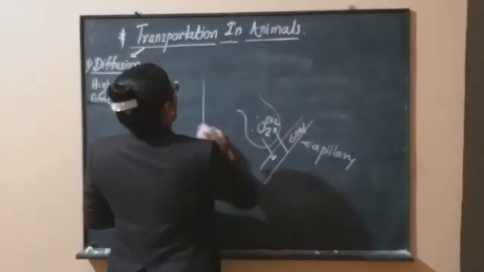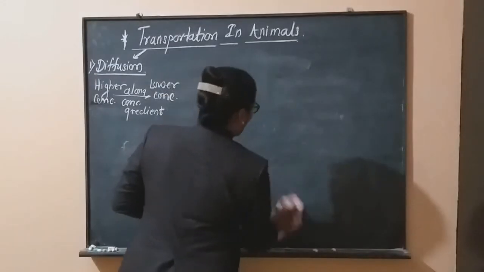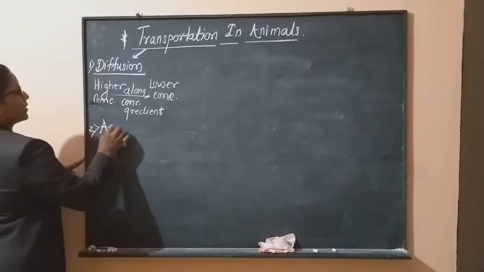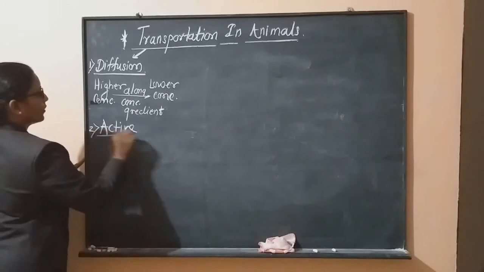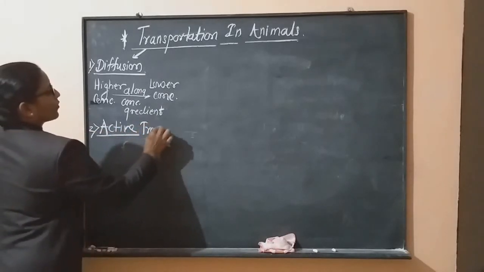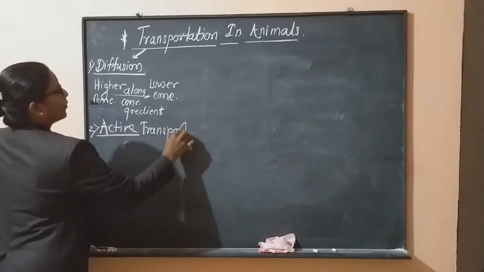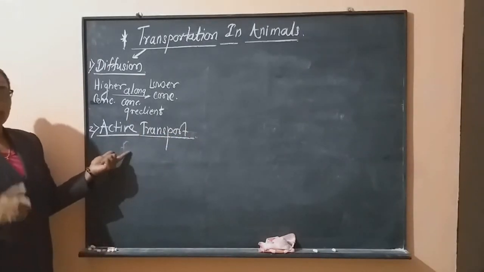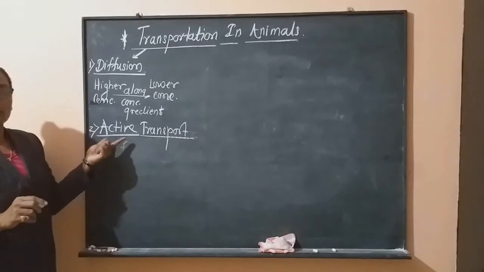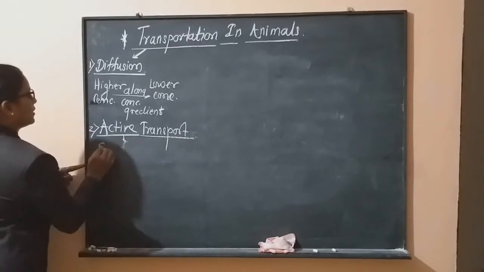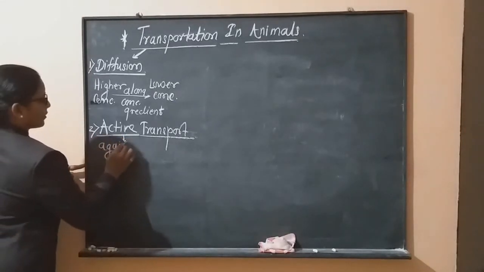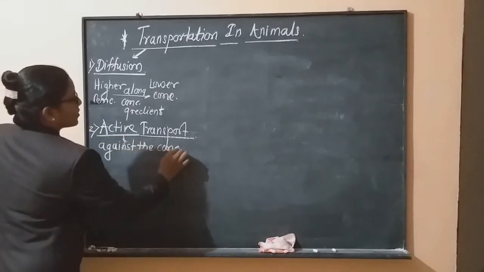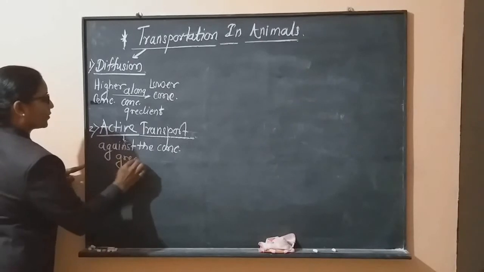Now, the second method of transportation is called active transport. It is called active because this process is against, that is opposing, the concentration gradient.